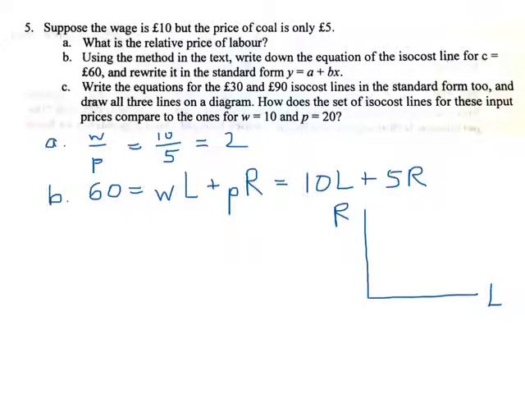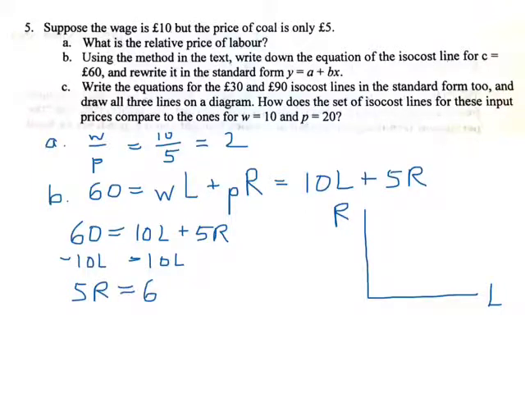So we need to solve this for R. So let's start again. 60 equals 10L plus 5R. Well, I'm going to subtract 10L from both sides, and I'm going to flip the equation around just to make it a little easier. 5R is equal then to 60 minus 10L.